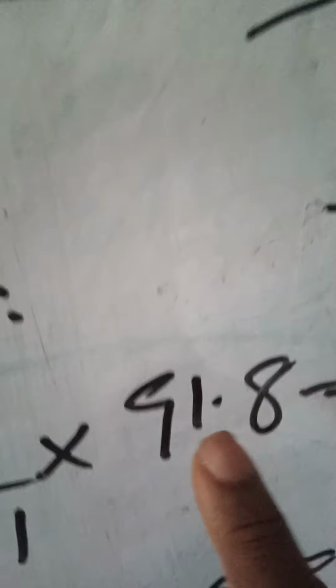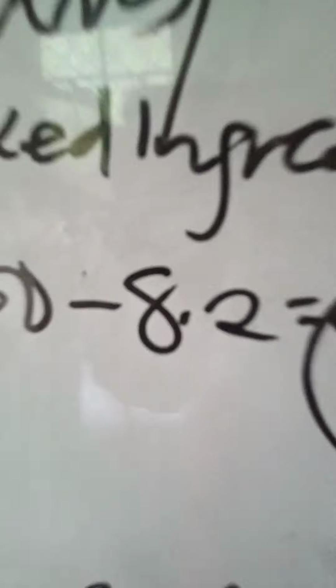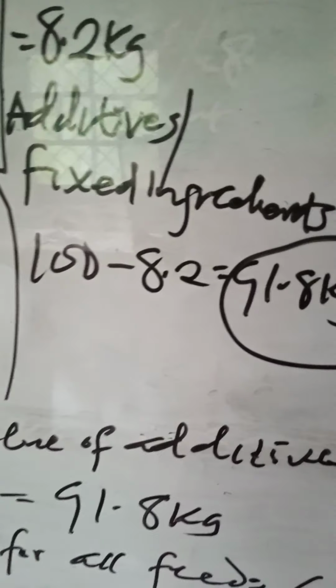So you take the 20 in front of the maize here to be 20 over the total of the two subtractions. The sum of them is 35.1. So you have 20 over 35.1 times 91.8. 91.8 is the value you got from 100 minus 8.2.